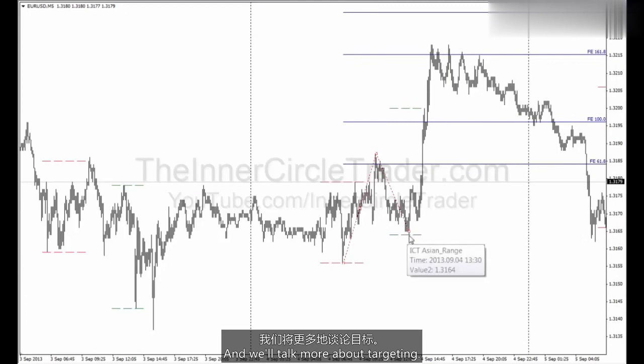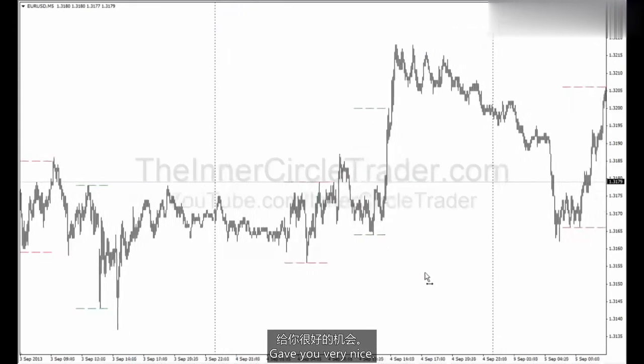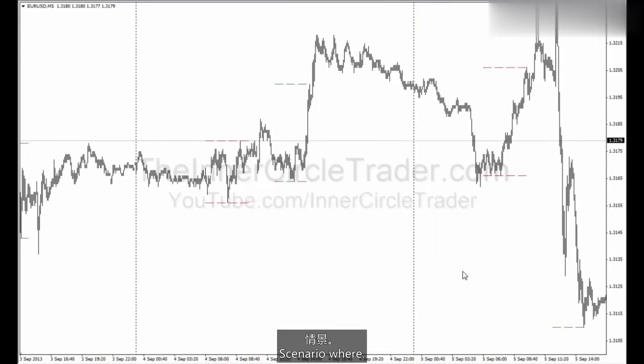And we'll talk more about targeting and exit prices and all that stuff when we get into later portions of the series. But you can see how the London and New York Open kill zones here gave you very nice opportunities for setup.